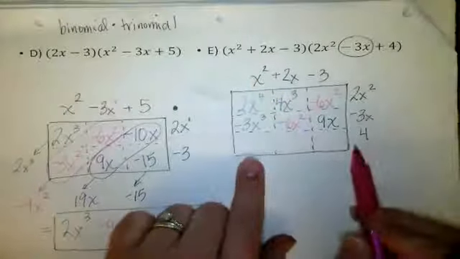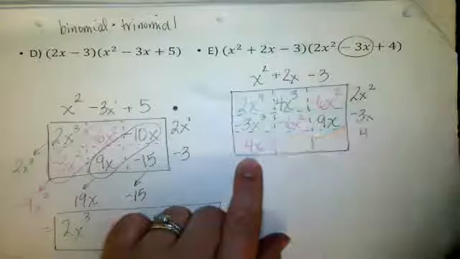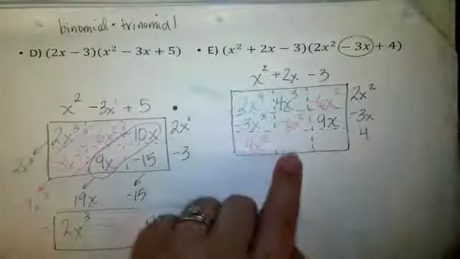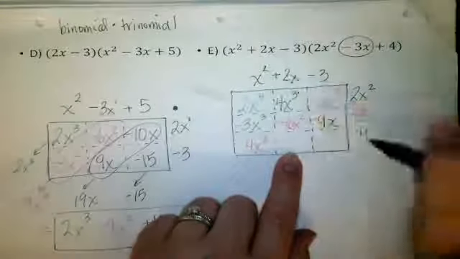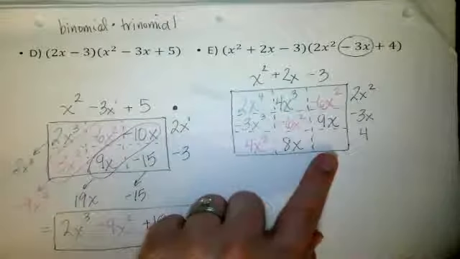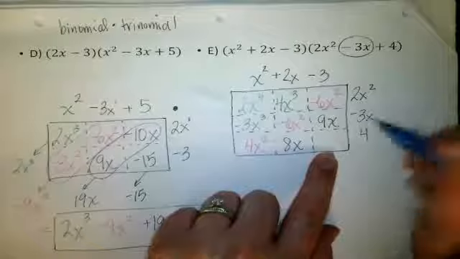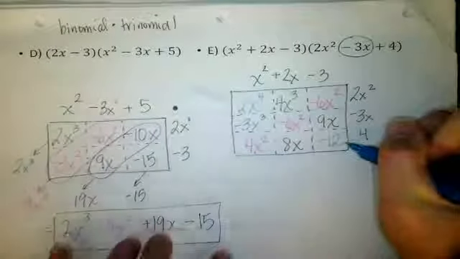Then we have x squared times 4, 4x squared. 2x times 4 is 8x. And then negative 3 times 4 is negative 12.